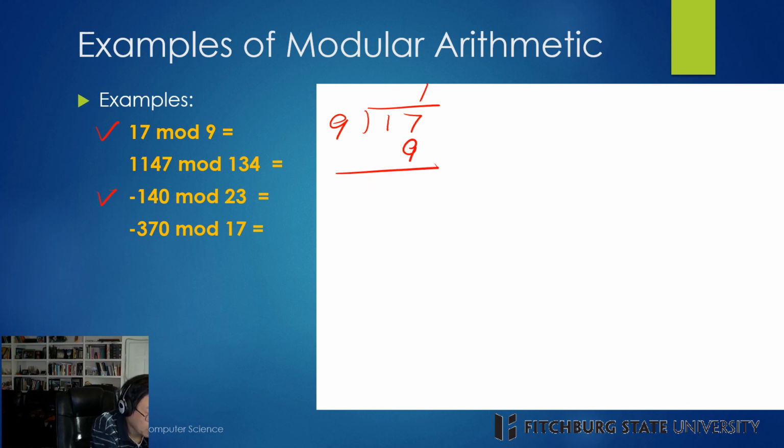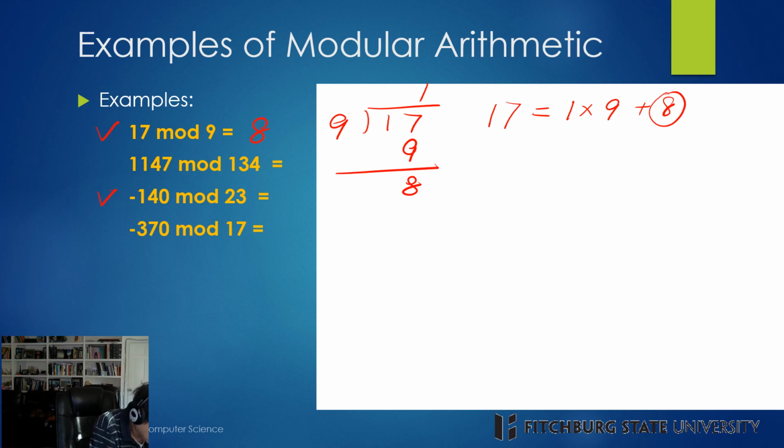Then 17 minus 9 is 8. Okay, so this is pretty simple. We can write 17 as the 9, the divisor, times the quotient plus the remainder. So the remainder is 8, right? So that's 8.